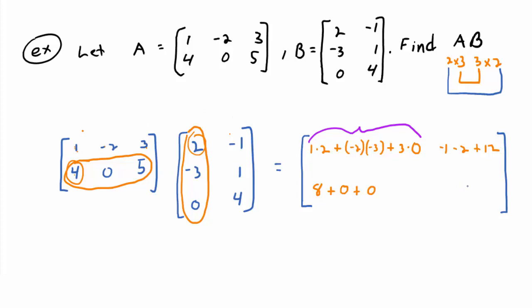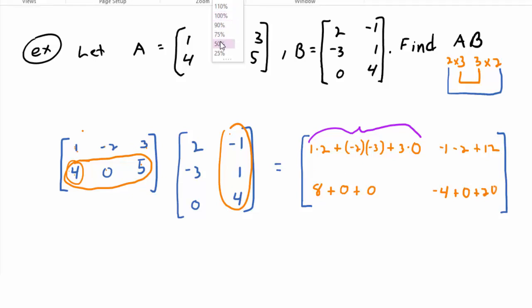Okay, so now the lower right-hand entry is obtained by sticking with the second row in A, but now you shift over to the second column in B. And what entries do you get there? 4 times -1, -4. What's the next one? 0 times 1, and then 5 times 4, so add that in, 20.